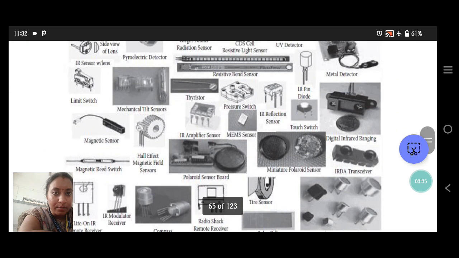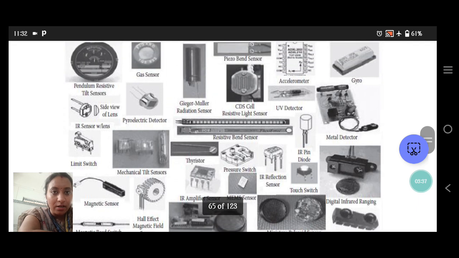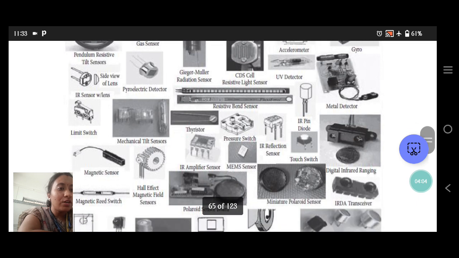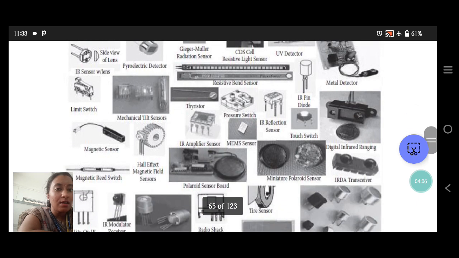So these are the examples. You can see some of the sensors available: pendulum resistive tilt sensor, gas sensor, bioelectric detector sensor, IR sensor, limit switch, Geiger-Muller radiation sensor, piezo bend sensor, accelerometer, UV detector, gyro, metal detector, IR pin diode, IR reflection sensor, touch switch, digital infrared ranging, MEMS sensor, amplifier, Hall effect magnetic field sensor.